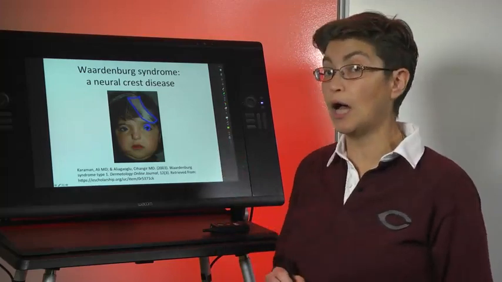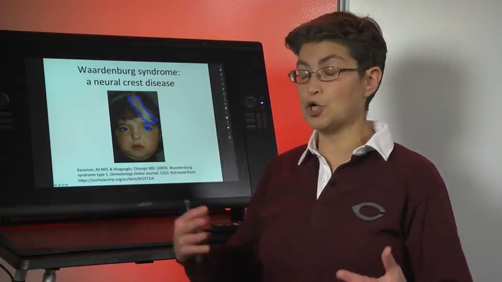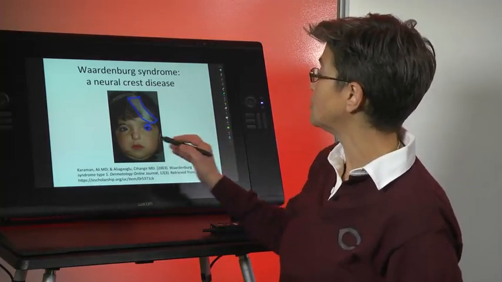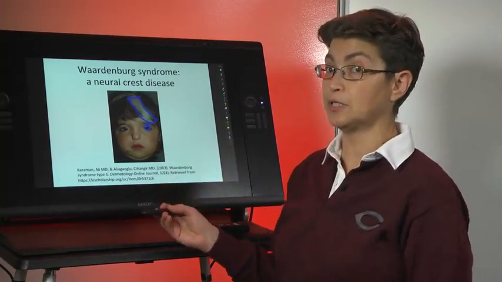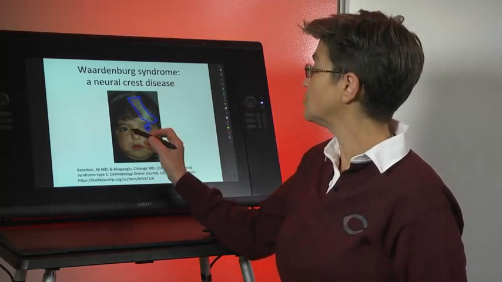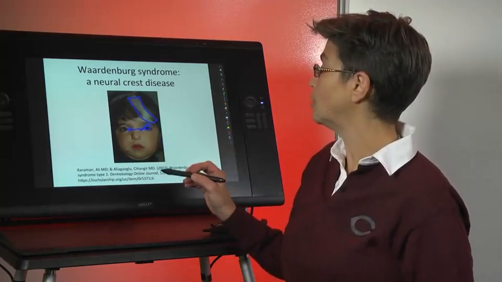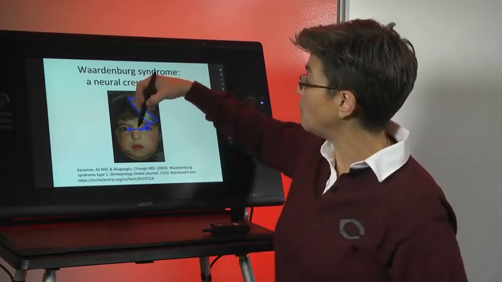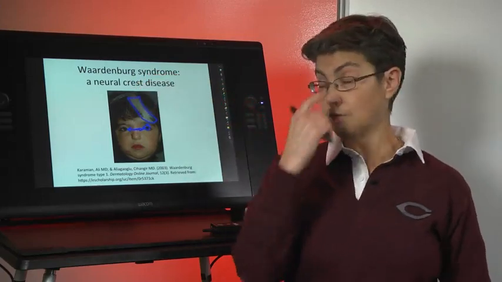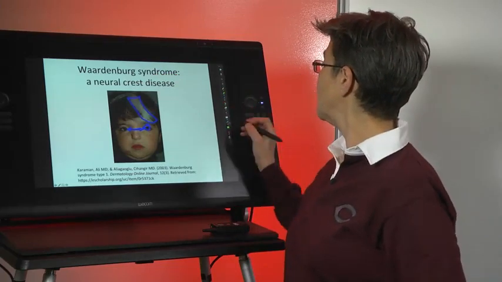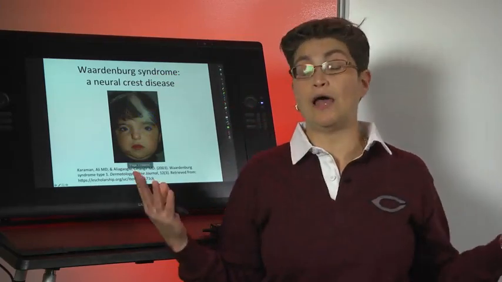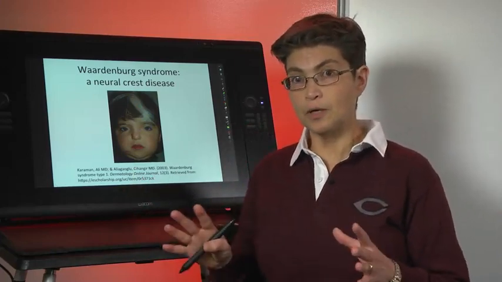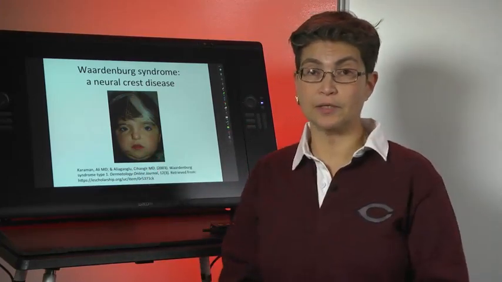She also has blue eyes. Waardenburg syndrome patients have blue eyes. And you can see that there's a particular appearance to the face. The inner parts of the eyes are far apart, leading to a very broad bridge of the nose. And this person may also have megacolon. There are a variety of other symptoms that can accompany this.